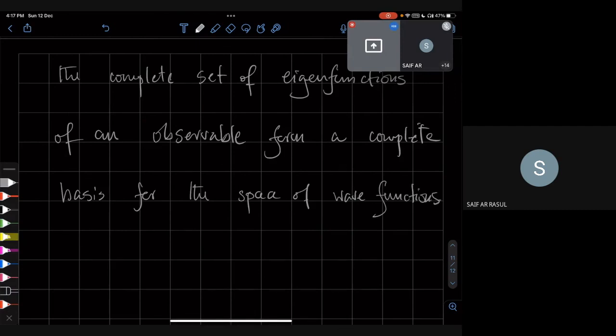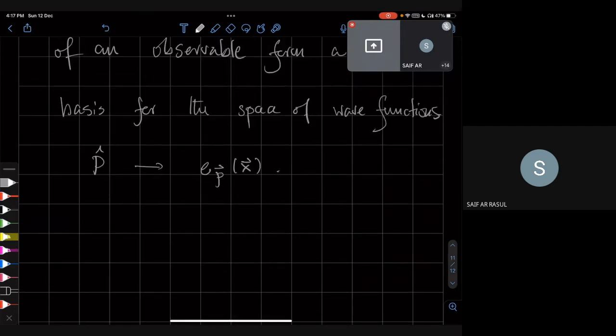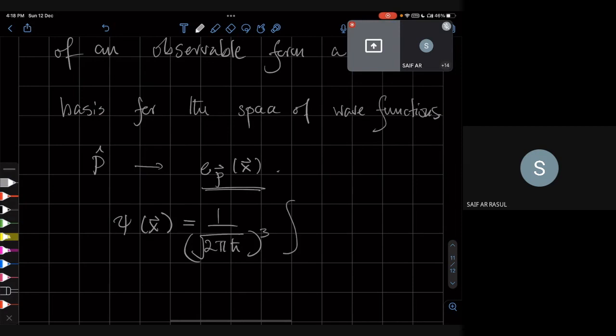This is basically what we used, because the momentum operator's eigenfunctions are e_p of x, and when we expressed any old wave function as a linear combination, as a Fourier integral, with the factor of square root of 2 pi h bar cubed and the integral d cubed p, we were essentially using this fact.